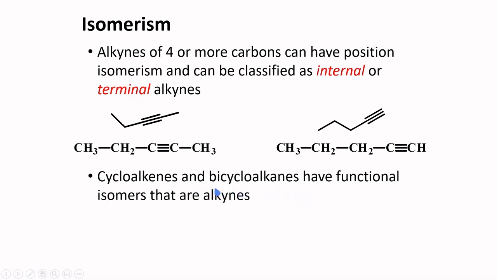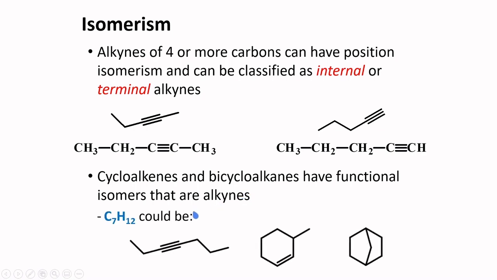Cycloalkenes and bicycloalkenes have functional isomers that are alkynes. C7H12 could be any of these compounds. As you may already notice, one ring corresponds to a reduction of 2 hydrogen atoms, and 2 fused rings corresponds to a reduction of 4 hydrogen atoms.